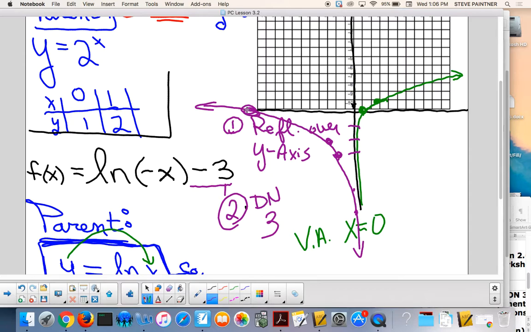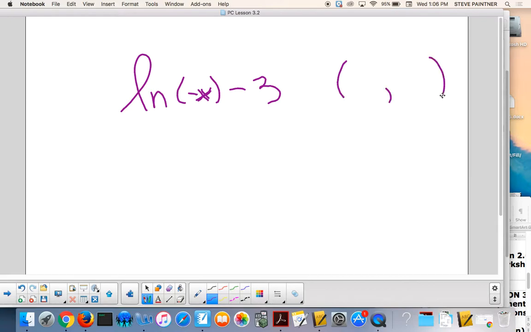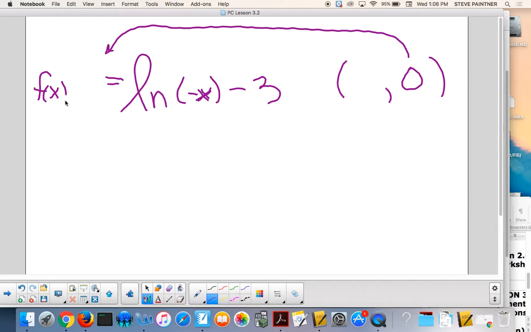That's cheating. You guys know when you look for the x-intercept that y is 0, right? So for f of x, cross it out and just put 0 there. Okay, tell me what to do.